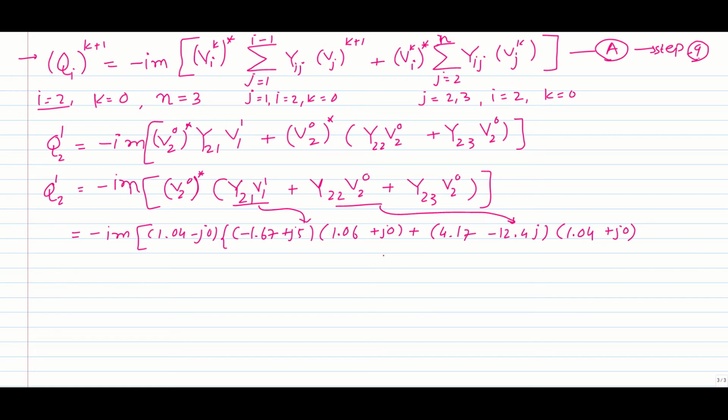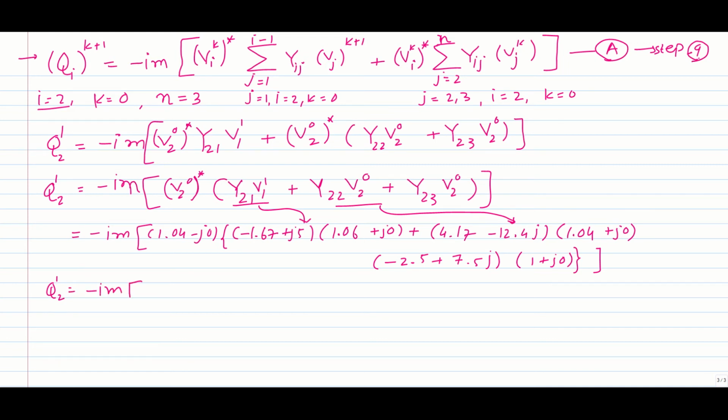And for the last portion, it is y23, which is minus 2.5 plus 7.5j, into the bracket 1 plus j0. Clear? So the answer of these, you will verify it by yourself and just write the final answer.